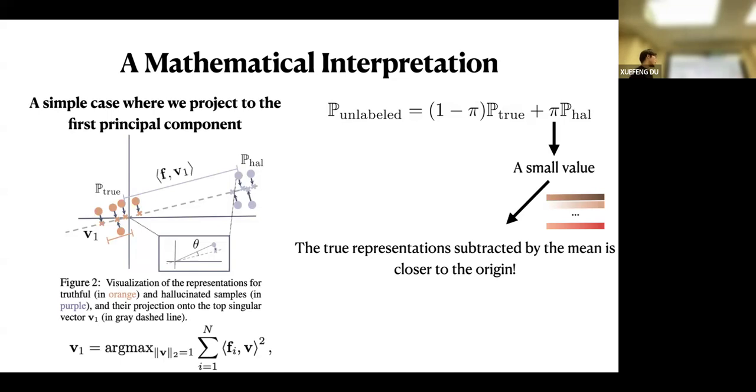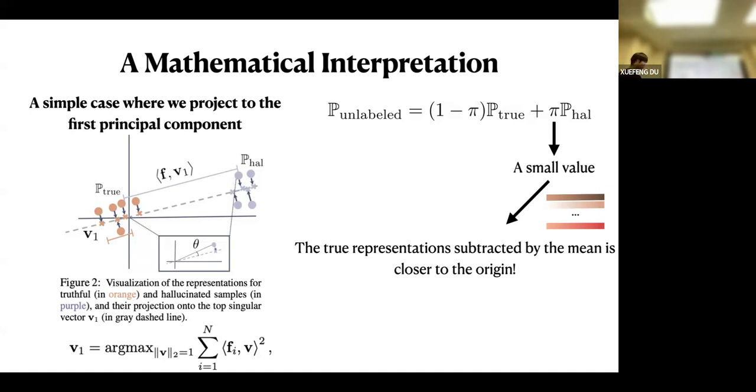So that now the true representations, which are colored in orange and subtracted by this mean vector, should be closer to the origin because pi is small. In contrast, the hallucinating embeddings, which are colored in purple, should be further away.